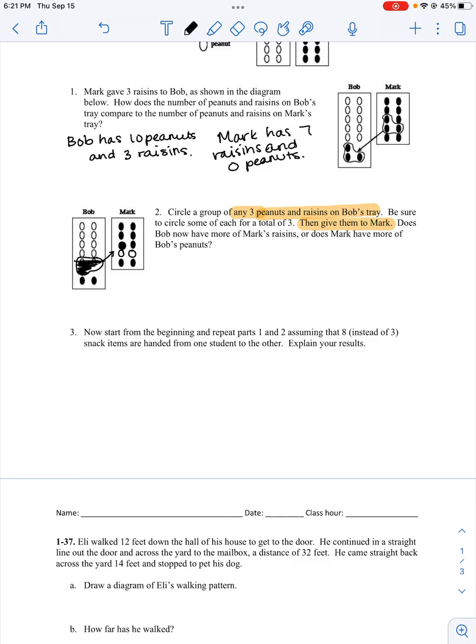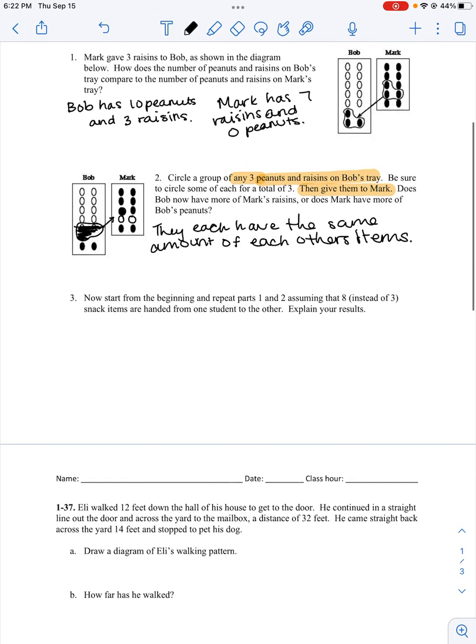So they each have the same amount of each other's items. This is the same thing that we figured out in class today with our experiment. It doesn't matter how many we give.